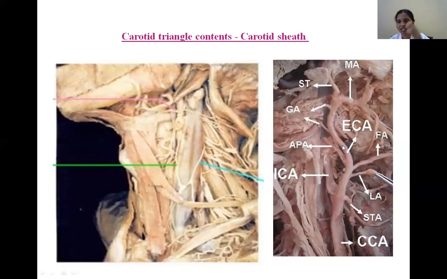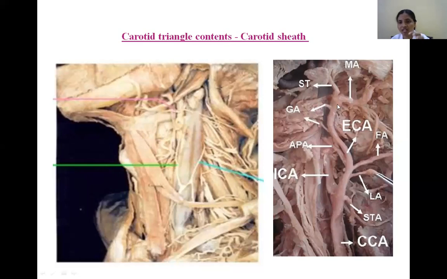Then if you trace further upwards, the posterior aspect of the external carotid artery gives off 2 important branches. One is the occipital artery, and the upper one is the posterior auricular artery. After giving all these branches, the occipital, posterior auricular and facial also, we identify in the digastric triangle.